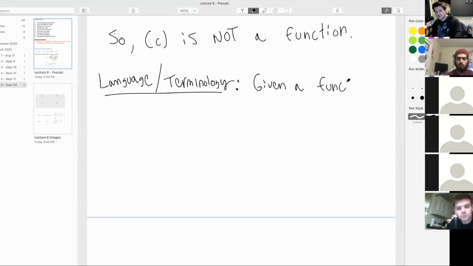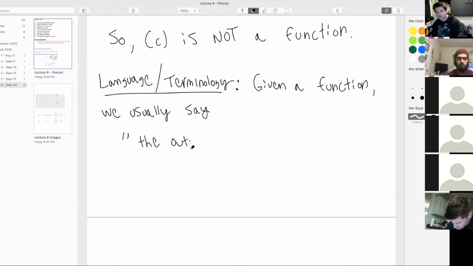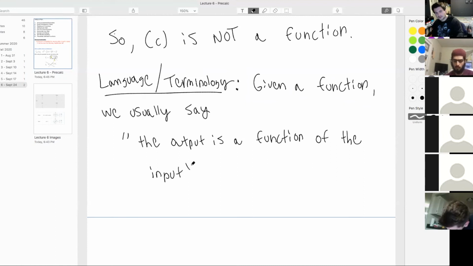Given a function, we usually say, in quotes, the output is a function of the input. That's just how we say it, and I'll write that often. So given a function, we'll say that the output is a function of the input.